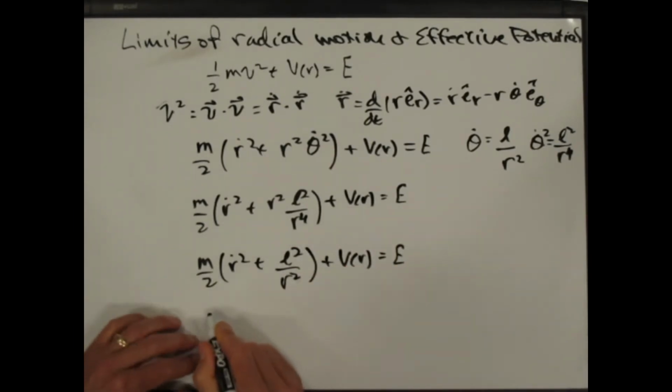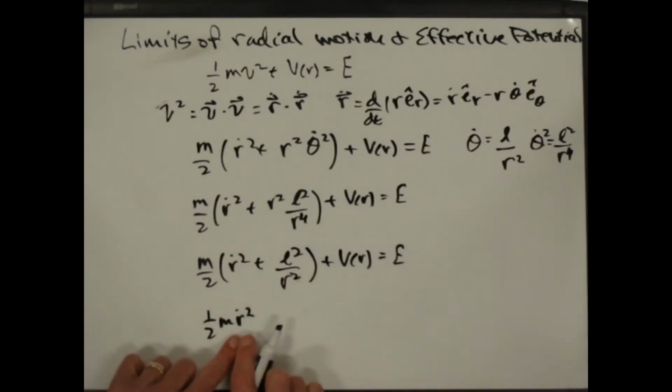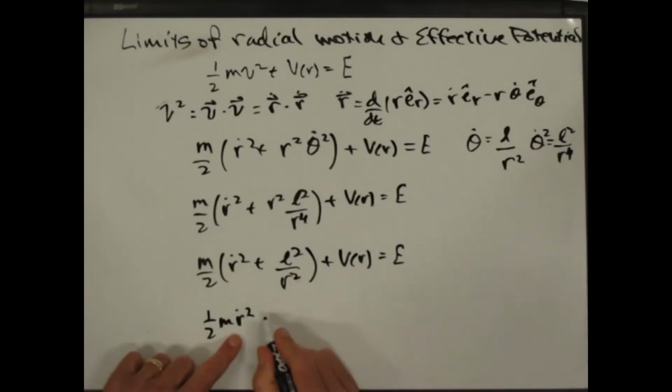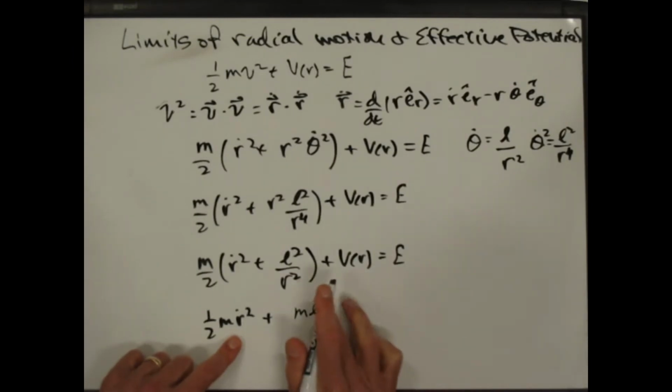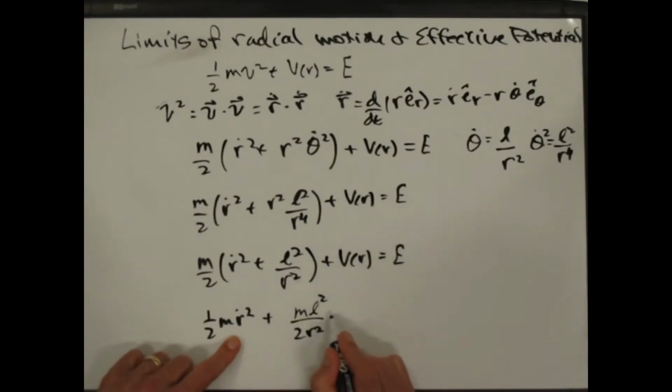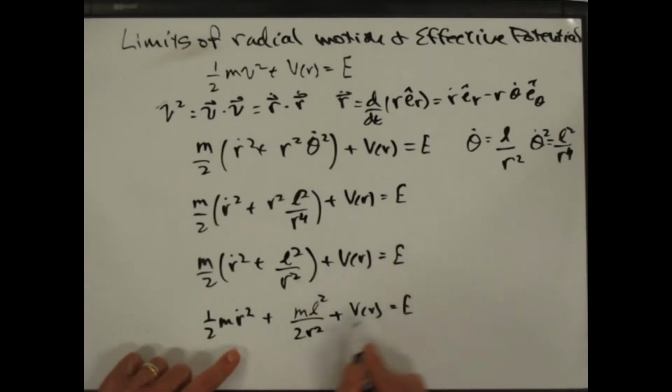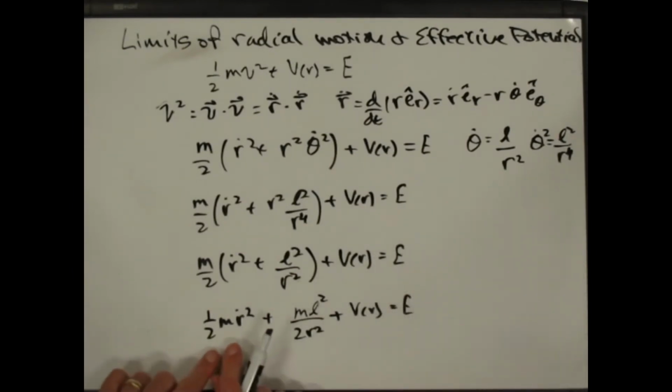If I expand this out, I get a half m r dot squared. Notice that's the radial velocity, right? So you might say it's the radial part of the kinetic energy, plus L squared over 2 m r squared, plus V of r is equal to E. And so you can kind of call this piece the radial kinetic energy.